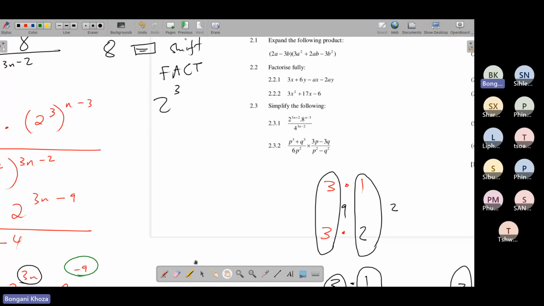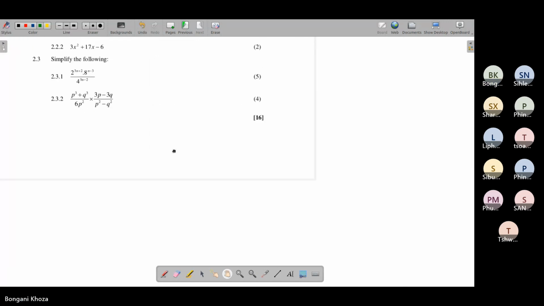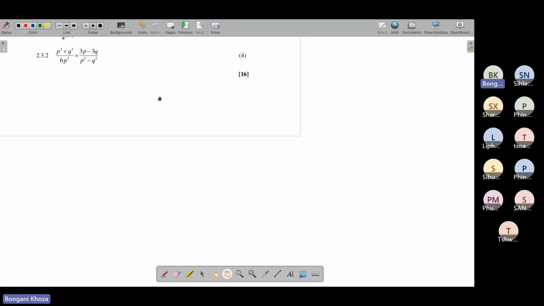The last part over here, let's move on to a different page. Last part, still asking us to simplify. So we are given 2 fractions like that. We're supposed to simplify.